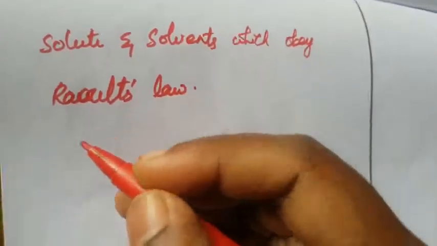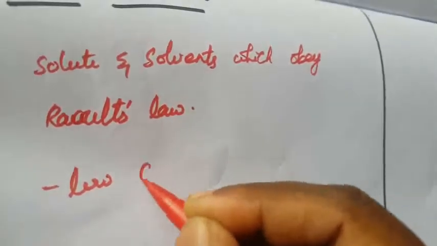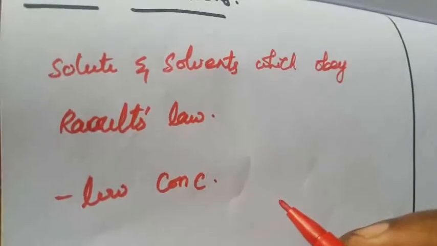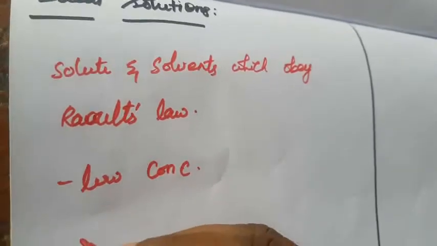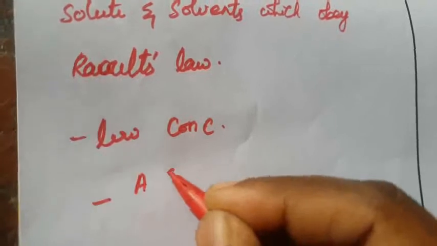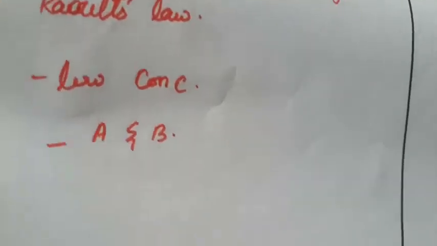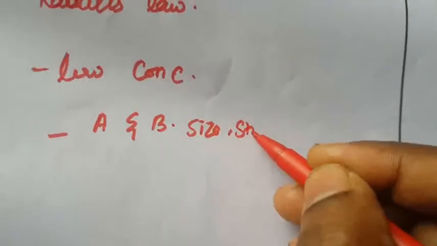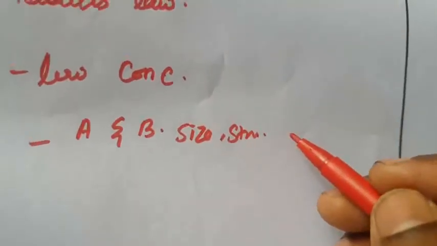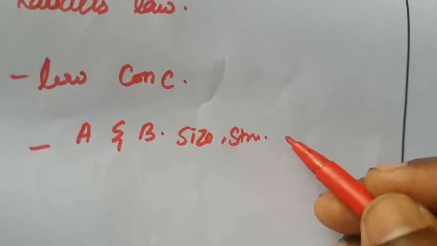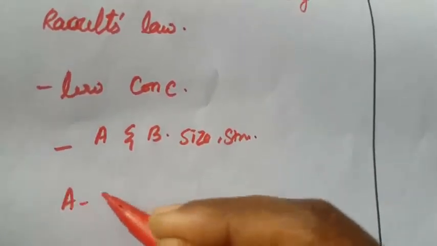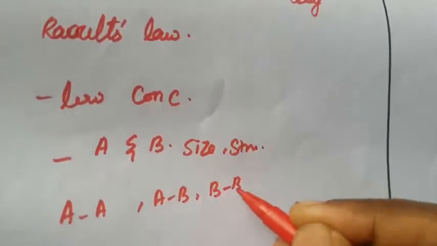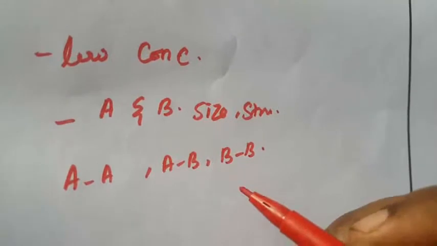Suppose in a solution containing two components A and B, both components are identical in size and structure, with almost similar intermolecular attractive forces, that is the AA bond, AB bond, and BB bond. Then the solution tends to behave as an ideal solution.